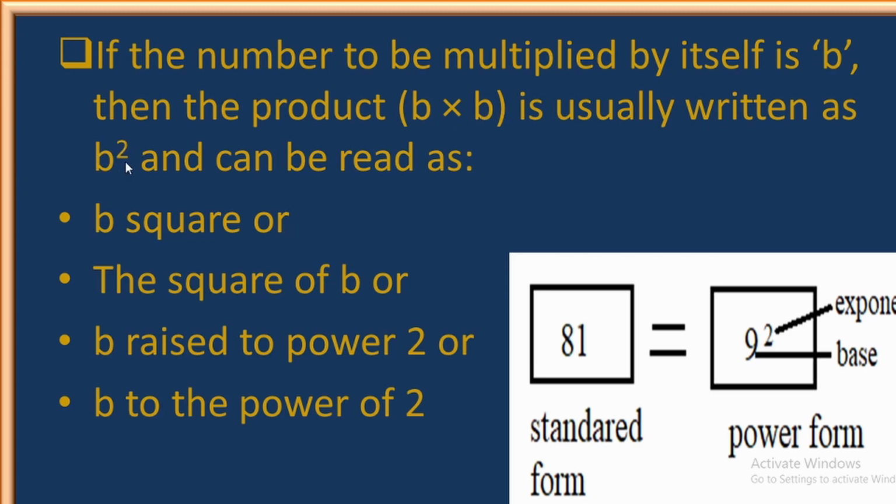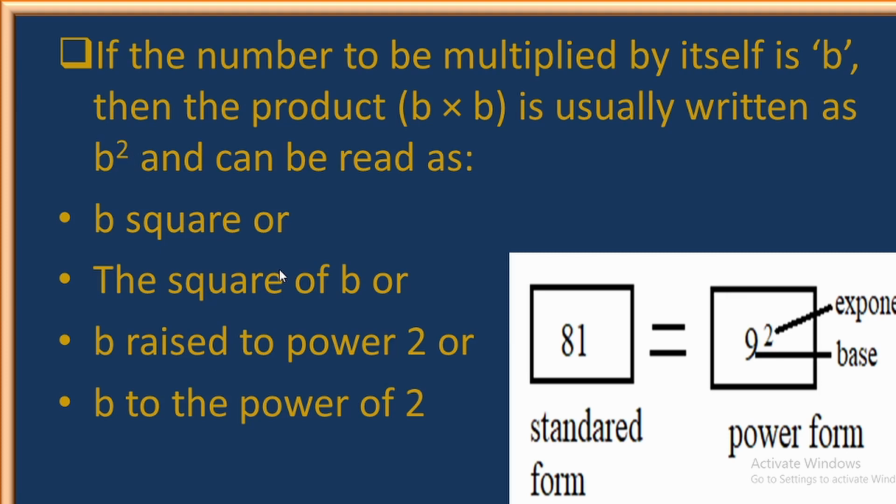It can be read as b square, or the square of b, or b raised to the power 2, or b to the power of 2. You can state any of these statements in order to say b to the power of 2. This is how we can read the square of a number.